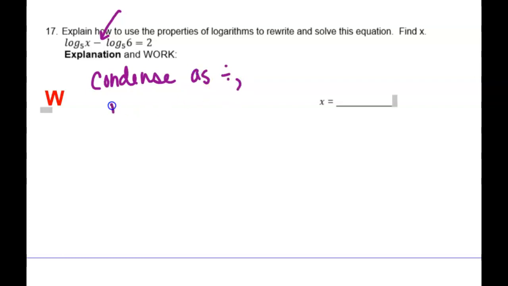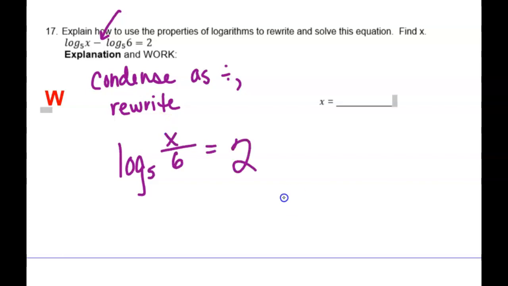And then rewrite after that. So you'd have log base 5 of x minus means divided by 6 equals 2. Again, some of you on the quiz are still wanting to randomly throw a log on this side so that you can cancel it or something. You can't do that, okay?